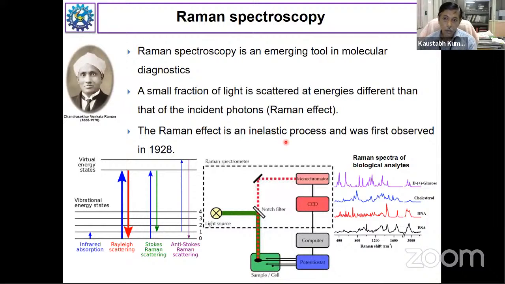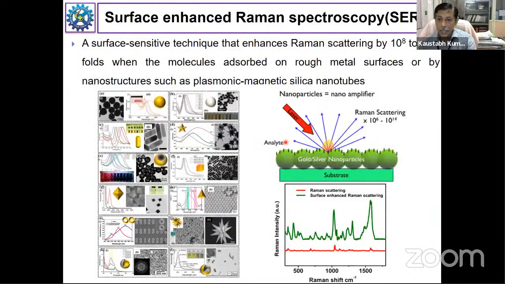Only 1 in a million of the scattered photons comes as Raman photons. So there is a phenomenon where, if you embed a nanoroughened surface and put your analyte of interest on it and apply lasers, you can see the Raman fingerprint of this particular analyte, which can be enhanced up to 10 to the power 6 to 14 fold.